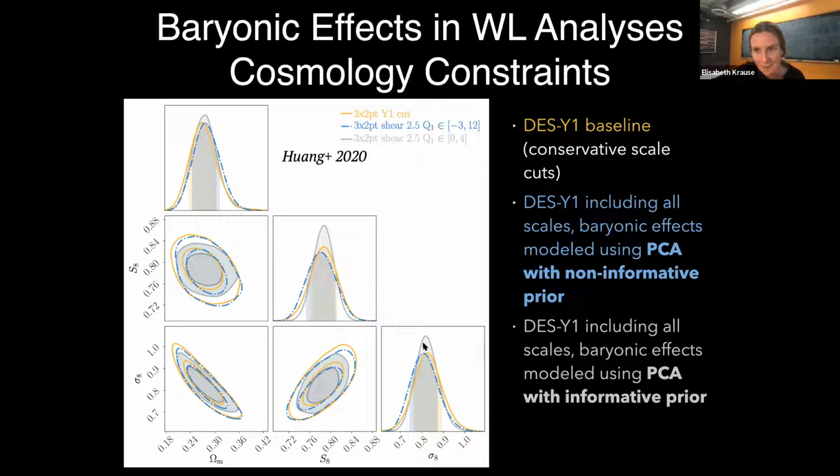So at this point, with some limited external knowledge about what baryonic models are ruled out, we can improve our constraining power by about 20%. And of course, there's much room for improvement using observations at other wavelengths to further shrink these error bars.